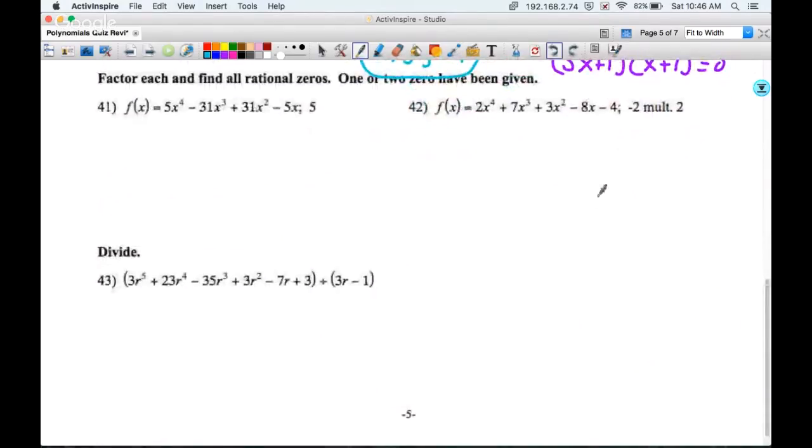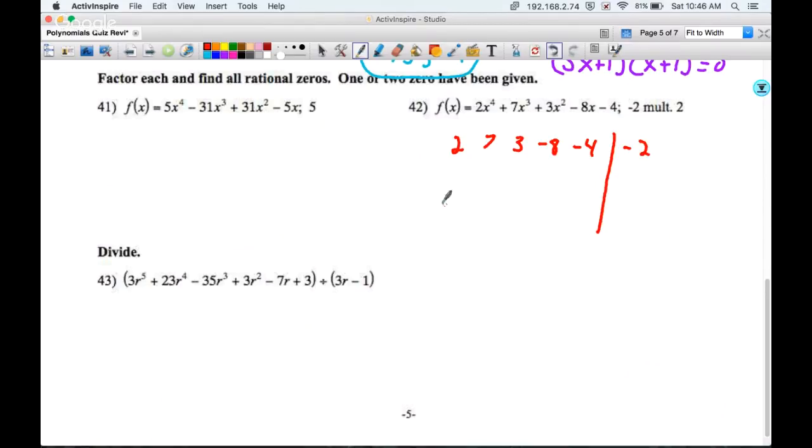Number 4 is an interesting one because now we've been given 2 zeros. All that means, since I've got this zero, -2, two times, is I can do my synthetic division twice with that zero, and then just finish out the synthetic division. So here we go: 2, 7, 3, -8, -4.